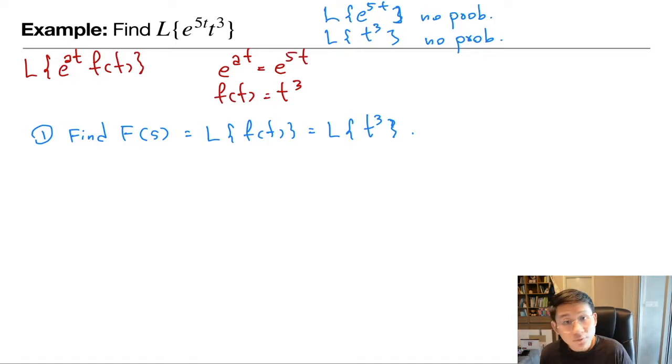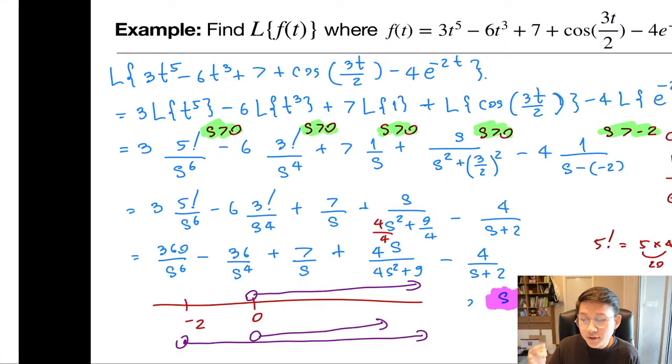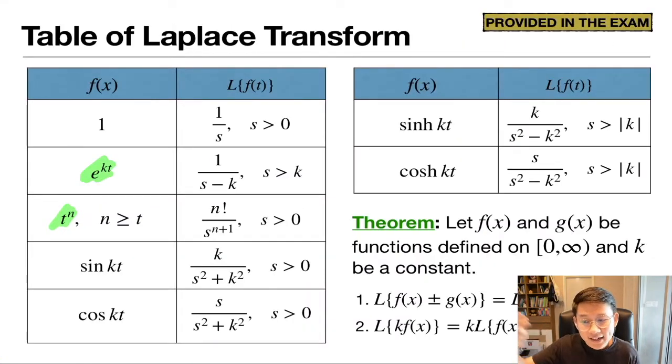To find that, just go back to the formula. The Laplace transform of t to the n is n factorial divided by s to the n plus 1.